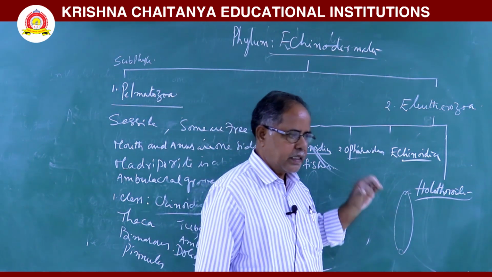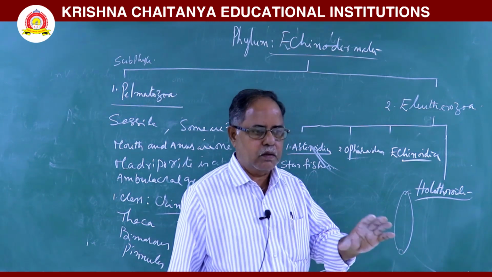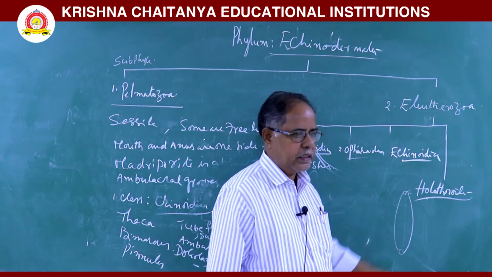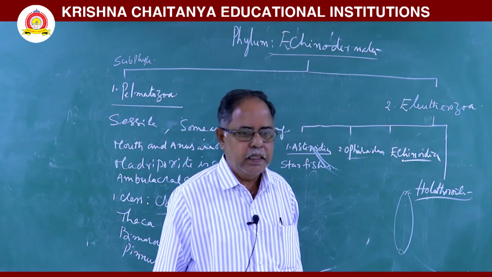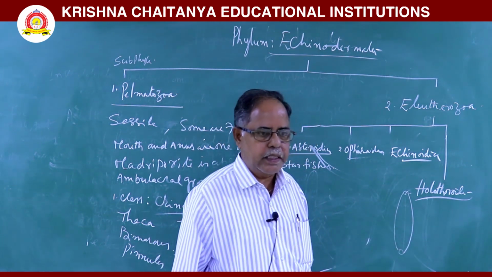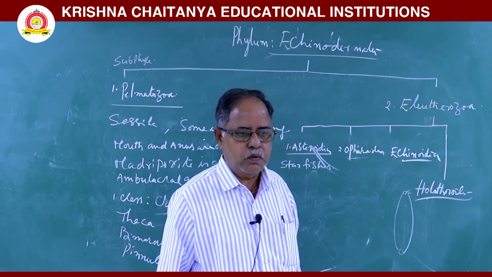Tube feet have suckers. Ambulacral grooves are closed. In the cloacal region, respiratory trees are there. These respiratory trees are used in respiration. During developmental stages, one larva is seen, called the Auricularia larva. Example, Holothuria.